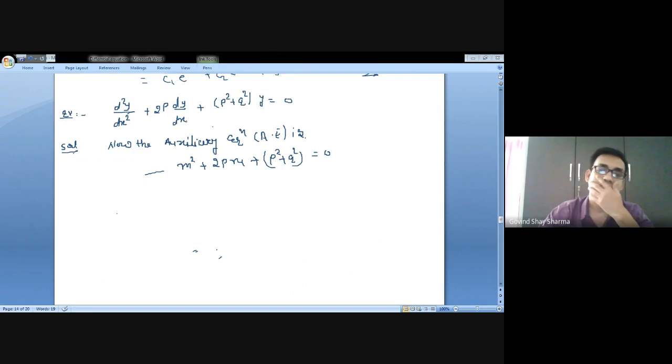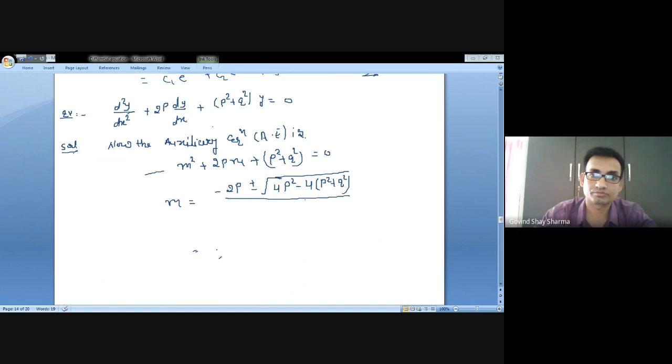And now this is the quadratic equation. So we find m by the root formula: minus b plus minus root b square minus 4ac, here b is 2p, a is 1, c is p square plus q square, upon 2.